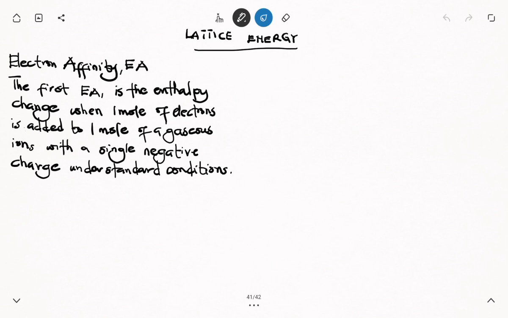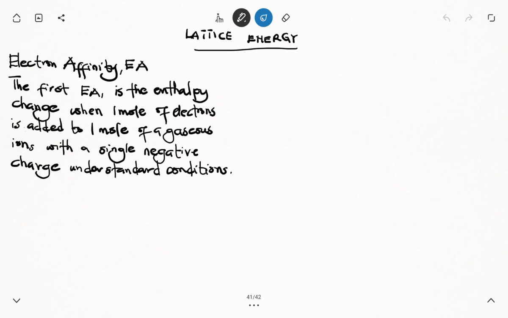This is specifically known as the first electron affinity. Because we are adding only 1 mole of electrons, we know that there are other atoms that can take more than 1 mole of electrons. In adding the first one, we'll call it the first electron affinity. If we need to add a second one, then it's going to be the second electron affinity, okay?